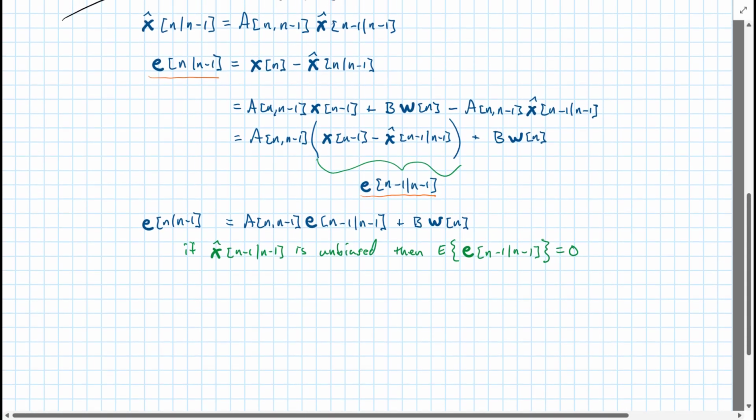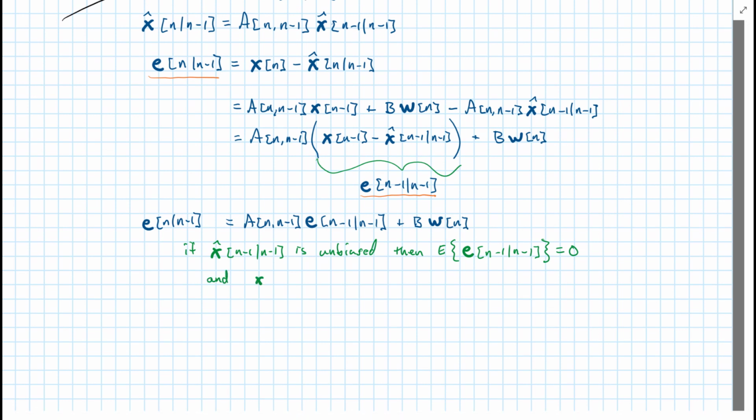Well, if that's the case, then when we take the expectation of this entire expression, we get that error of n given n minus 1 is also unbiased. W is 0 mean, so its expectation is 0. The expectation of E n given n minus 1 is 0.